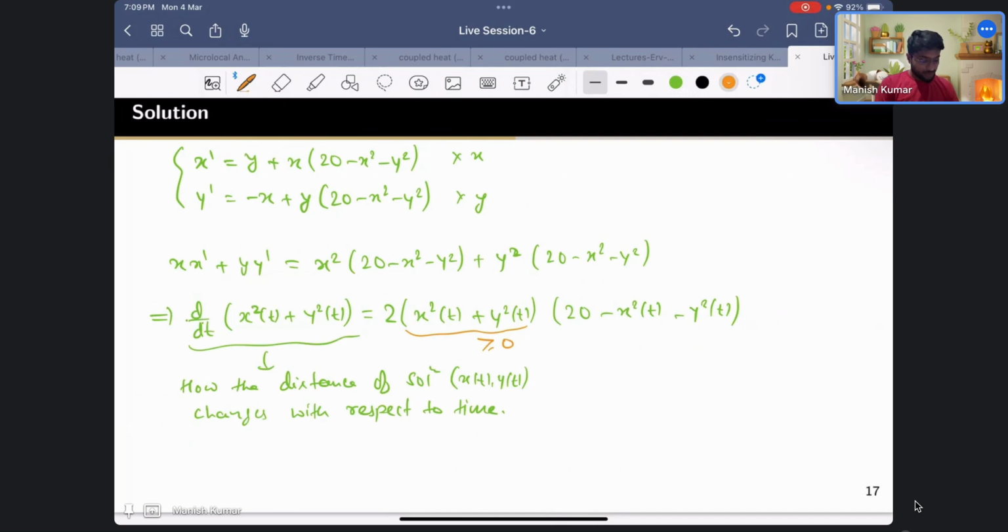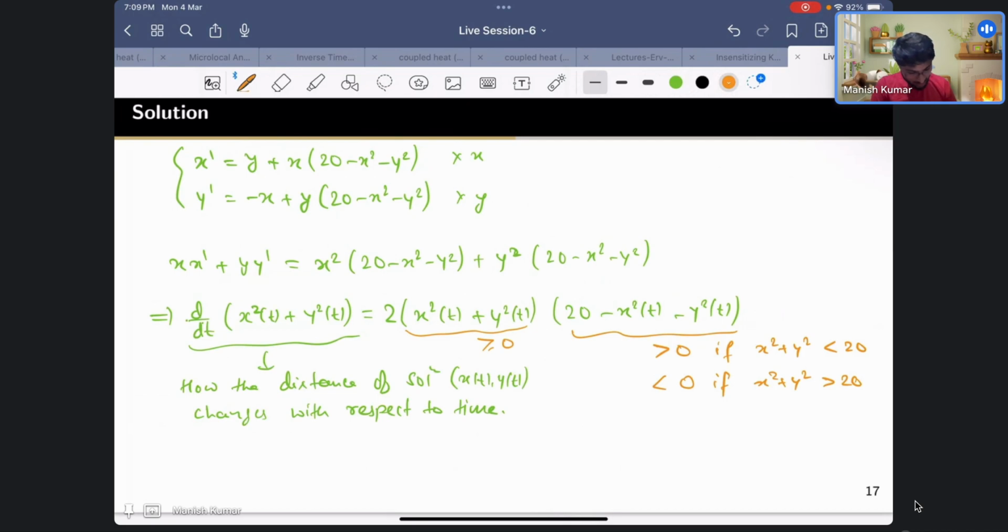Okay, the second one tells you that this will be greater than 0 if x square plus y square is less than 20, right? And it would be negative if x square plus y square is greater than 20, right?